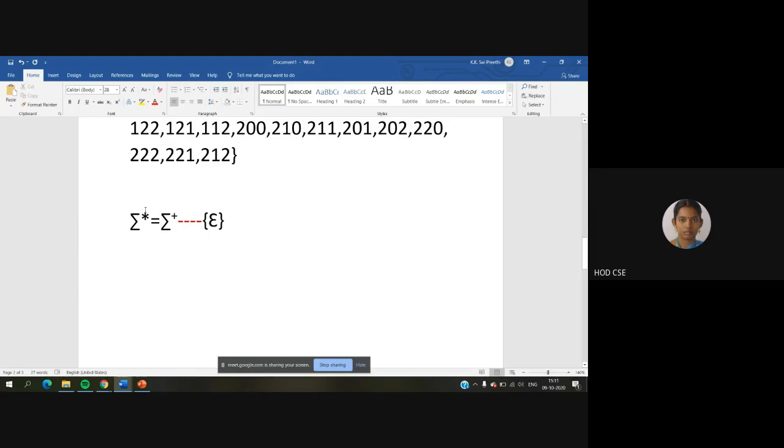Here I'm giving the explanation about this sigma closure. Sigma closure is equal to, this is actually the definition of sigma closure. I'm giving you the definition of sigma plus also.